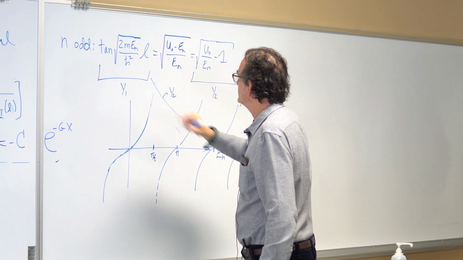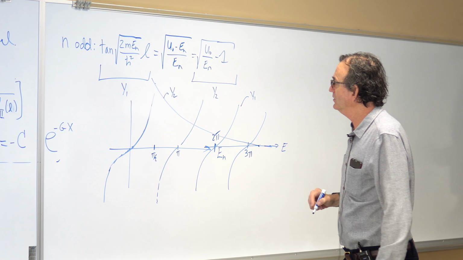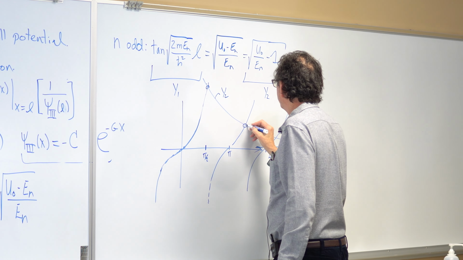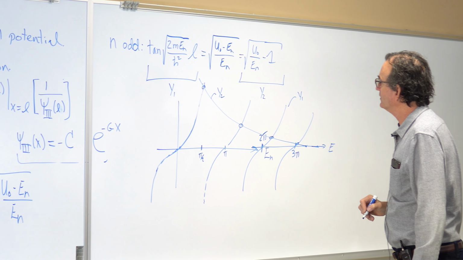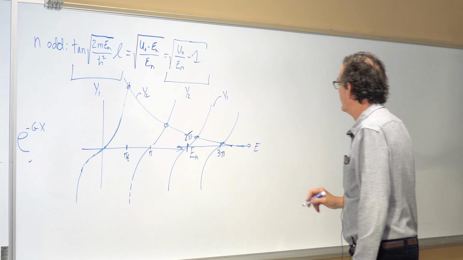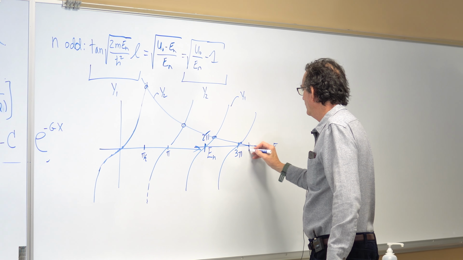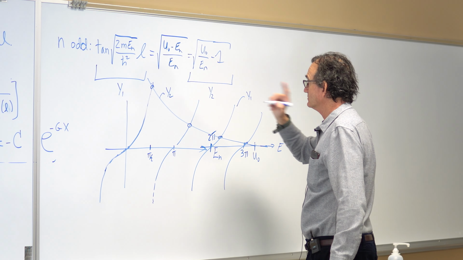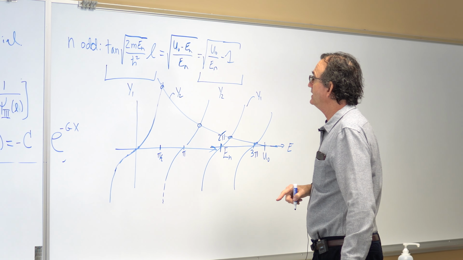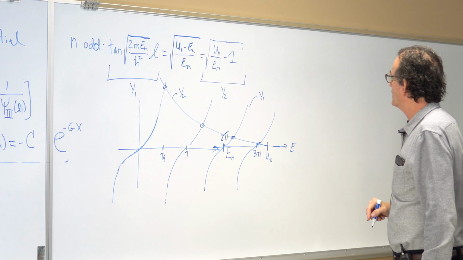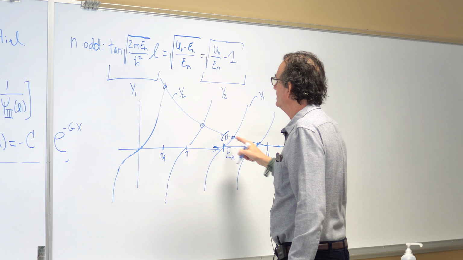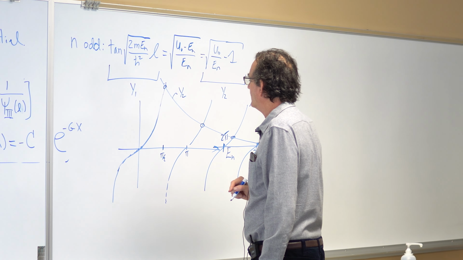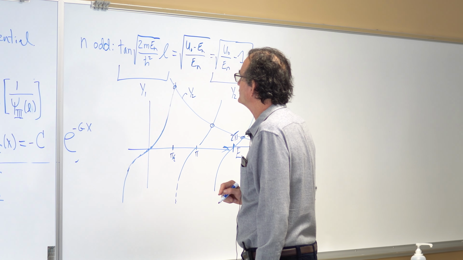So y1 is the tangent curve, and what I'm looking for to solve for the energies is the intersection of these curves. And there will be multiple intersections up to a maximum value E, which is equal to U0, because E cannot go larger than U0, because otherwise this becomes imaginary. So these intersection points then give me the values of the energies.